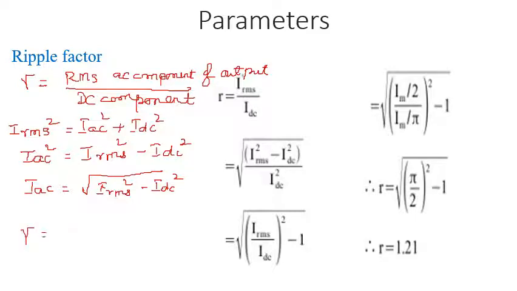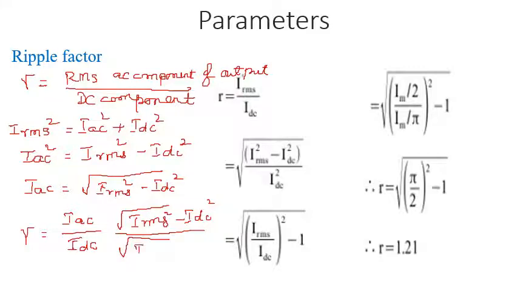Or ripple factor is equal to IAC divided by IDC. IAC is the square root of IRMS square minus IDC square, and IDC is the square root of IDC square. Combining them, I'll get this equation.